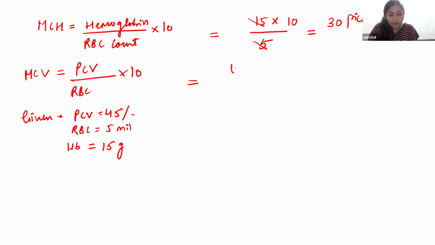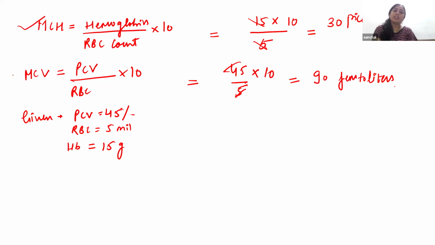Next, we have 45 into 10 upon 5, so we get 90, and here the unit is femtoliters. So with the help of the formulas of MCH and MCV and these values, we are able to calculate the MCV and MCH.